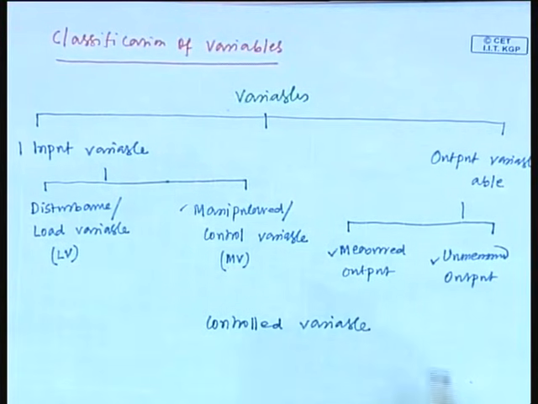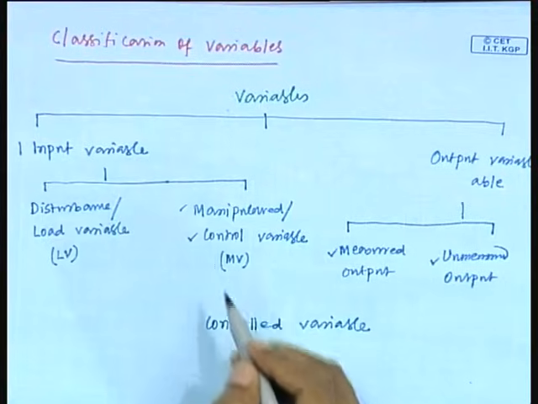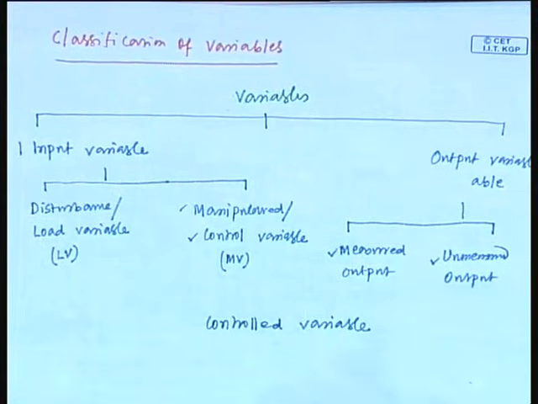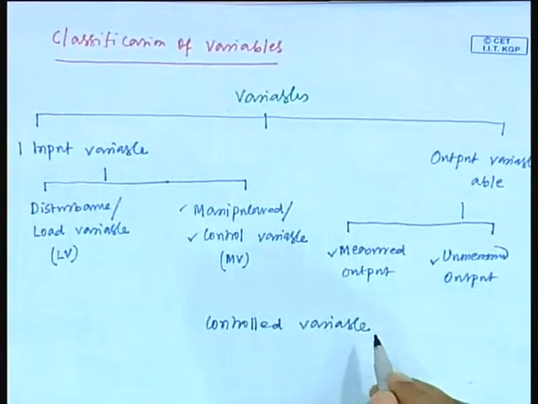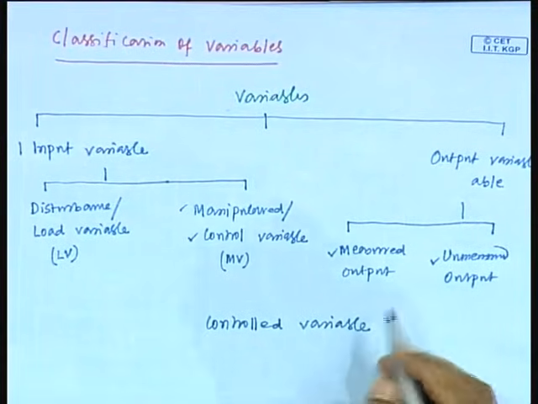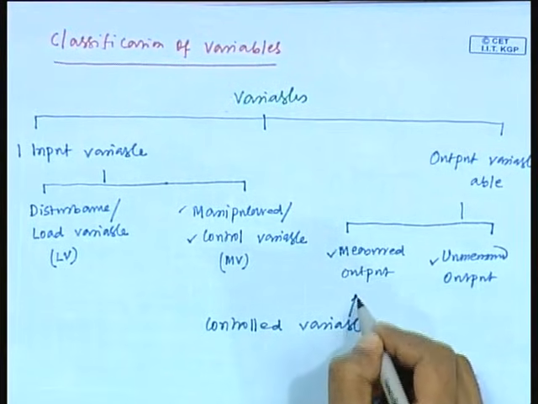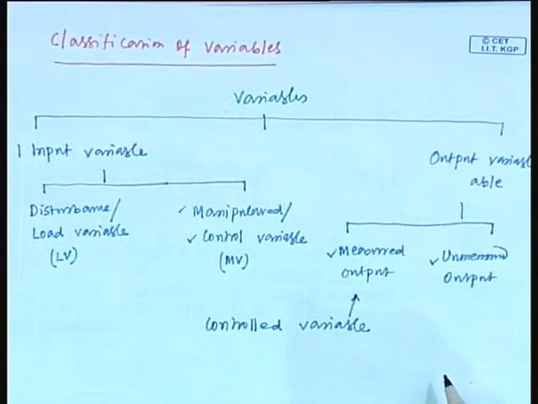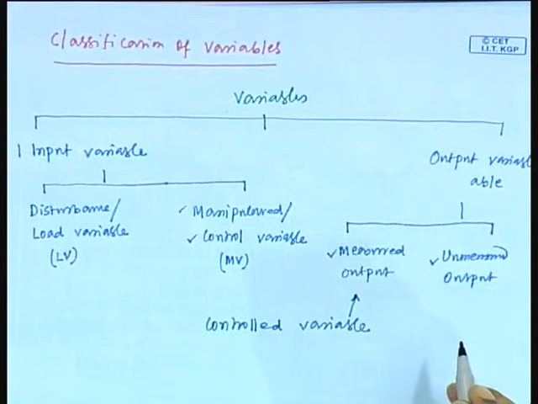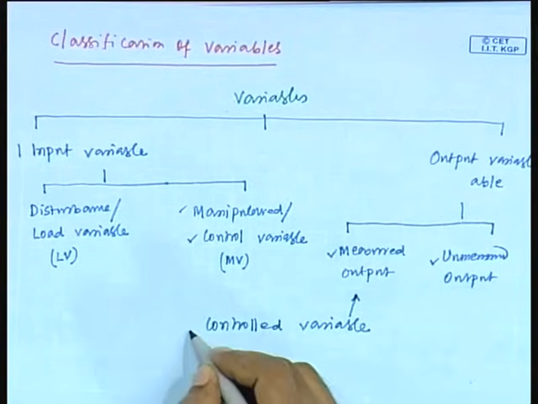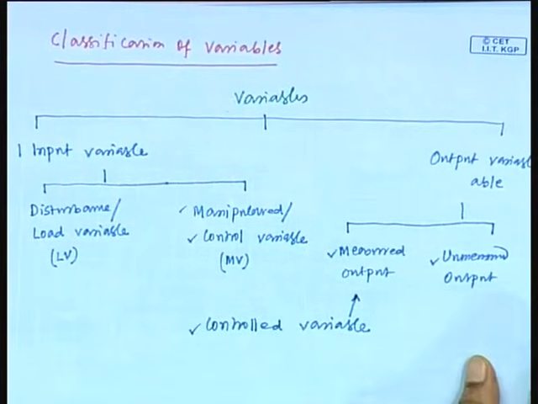Do not confuse it with the control variable. The control variable is the manipulated variable; the controlled variable we will discuss later, but at this point I can say that controlled variables are usually the measured output, sometimes also unmeasured output. So, these are all about the variables.